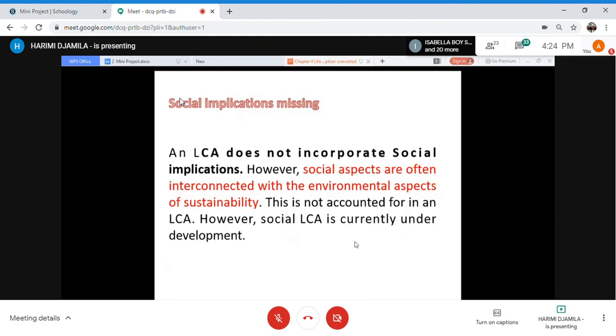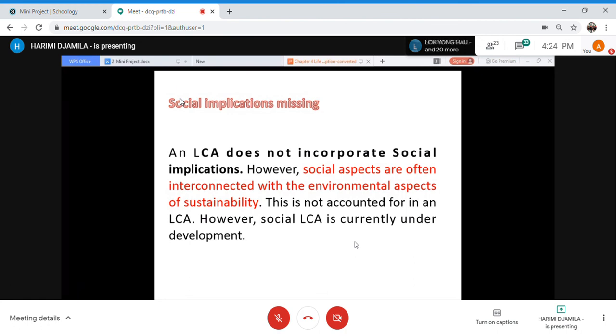Okay, this one I think I mentioned before, but it's a very important one. Life cycle assessment does not necessarily incorporate social implication. Remember when we talk about sustainability according to ISO, we have three main elements, which are environment, what else? Cost implication, and also social implication.